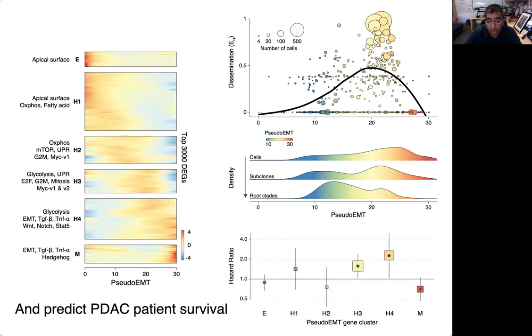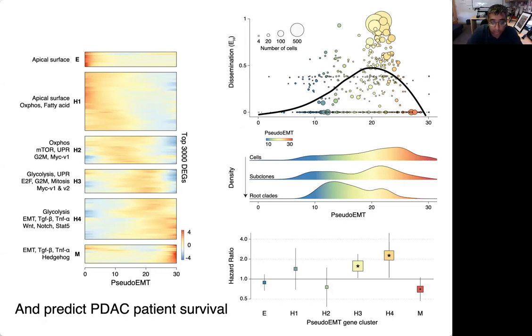And what we find is that the hazard ratio for mortality actually peaks for human tumors that are metastases associated with this late hybrid score, right? More so than the ones that are fully mesenchymal.